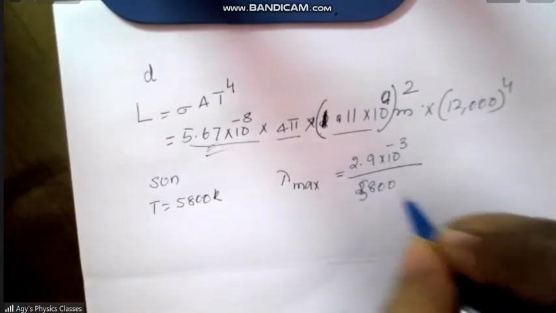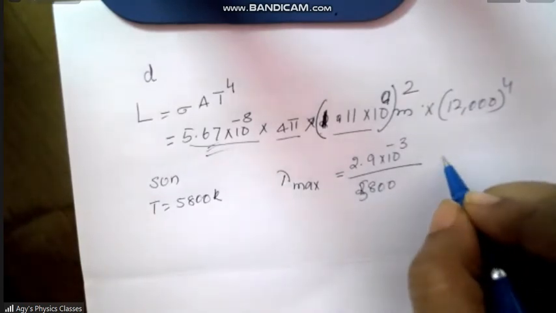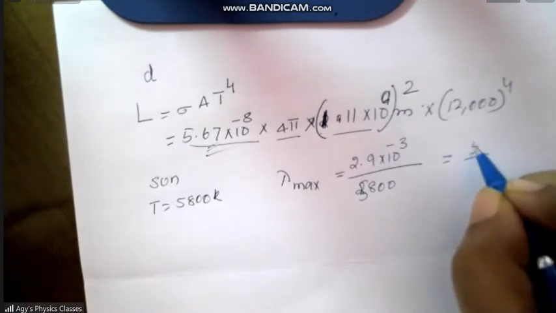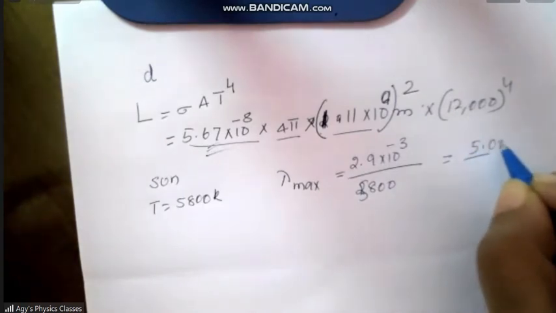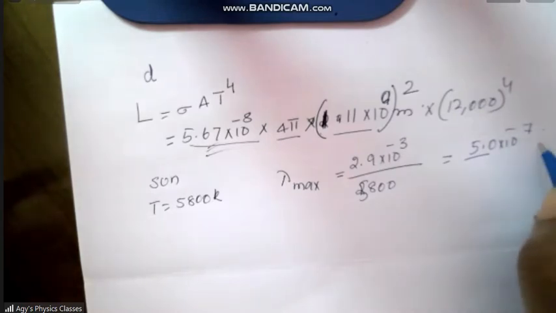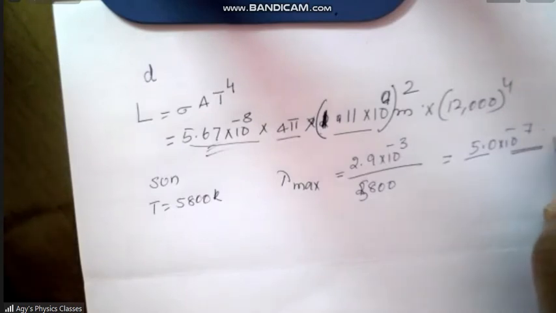5,800. Is this what you did? Yes, miss. And you got the answer as what? 5.0 into 10 to the power negative 7. Okay. The peak wavelength from the sun is in fact measured at the ground level, being 470 nanometer. Now this answer is in meter or nanometer?